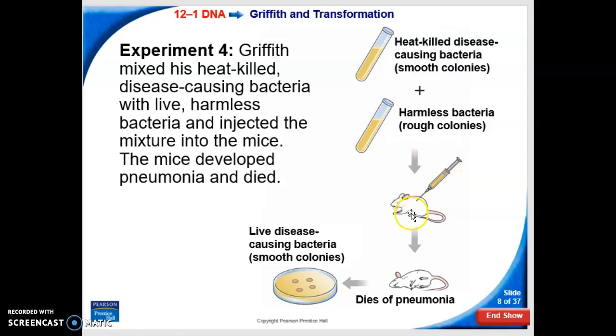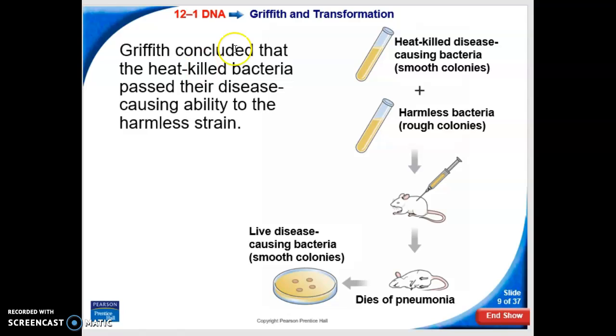When he injected the mouse, it still died. Now what he decided is that the heat-killed bacteria was able to pass some genetic information to the harmless strain that was alive. Therefore it died.